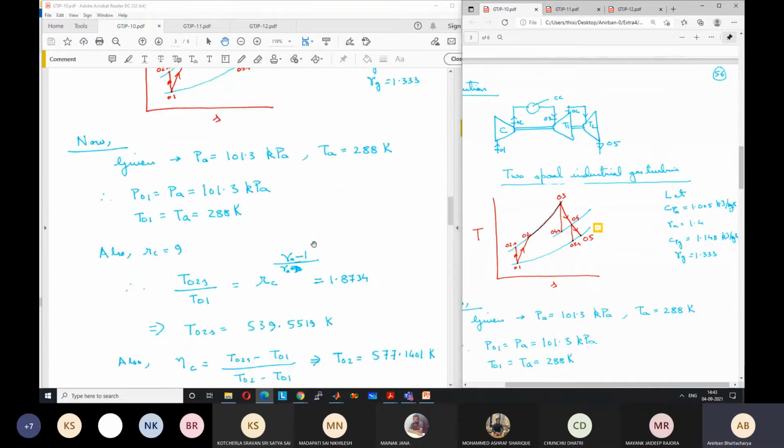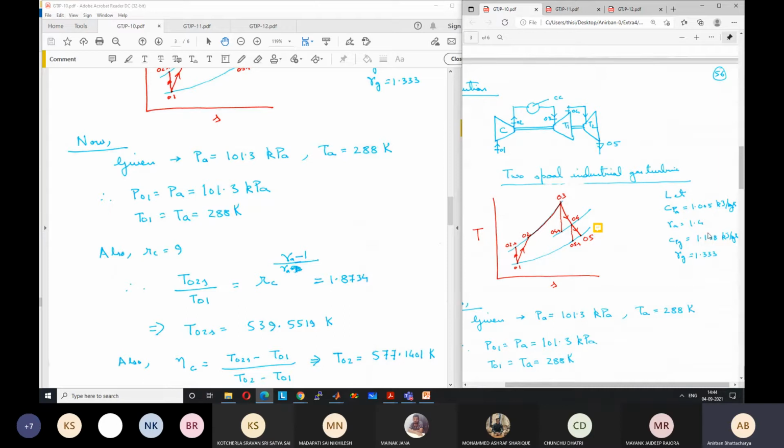The pressure ratio for the compressor is given as 9. We first calculated T02S by T01 to find the point T02, because it is required. We calculated this as RC to the power gamma minus 1 by gamma for air. For air, we can take gamma as 1.4.